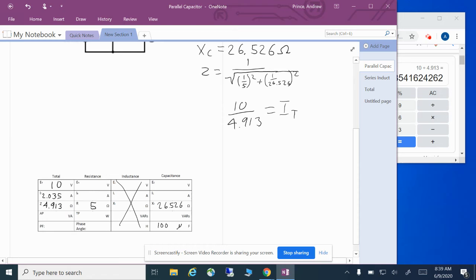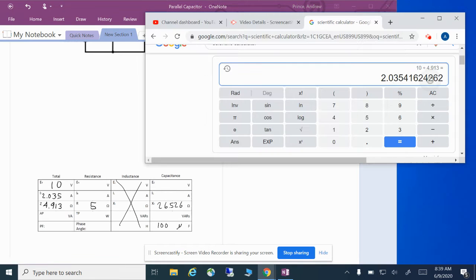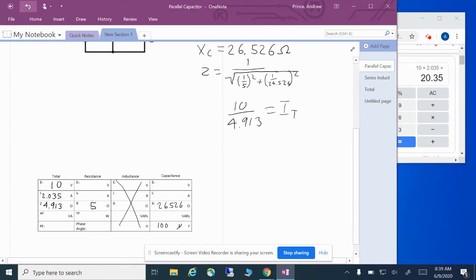And then now we can multiply that by 10. Remember, the voltage times the current is going to give us our power. And our apparent power is 20.35 volt amps.